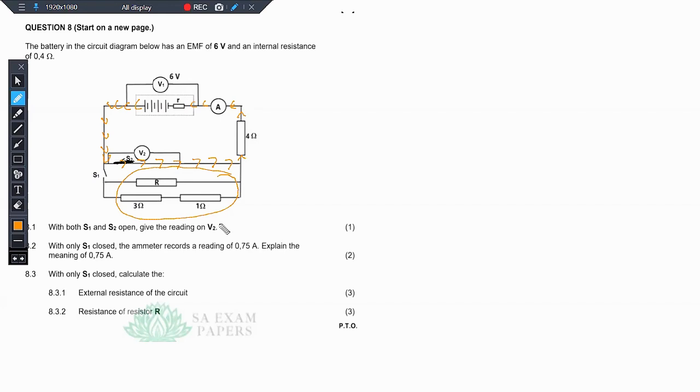Now, if you go back to the previous question, we had calculated that our R external was equal to 7.6 ohms. But now with only S2 being closed and S1 open, the new R external is now equal to 4 ohms, because the only resistor that is there is this one that is connected in series.